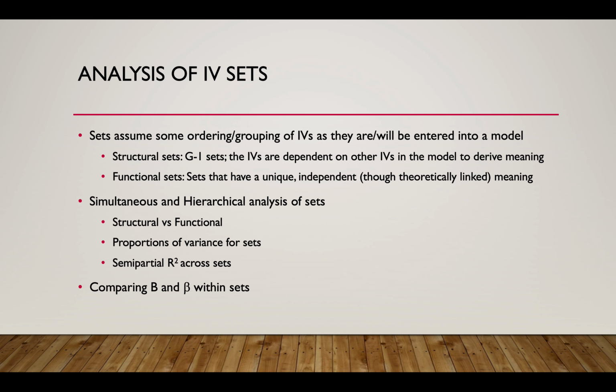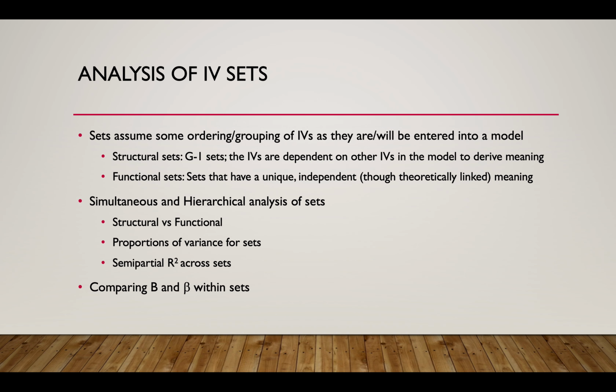Remember, R squared is linear, which means that adding a set will increase our predictive model in a linear fashion, assuming that set has some sort of relevance or statistical significance, which we'll talk about in just a second. Within each set, you can compare your betas and your beta weights.